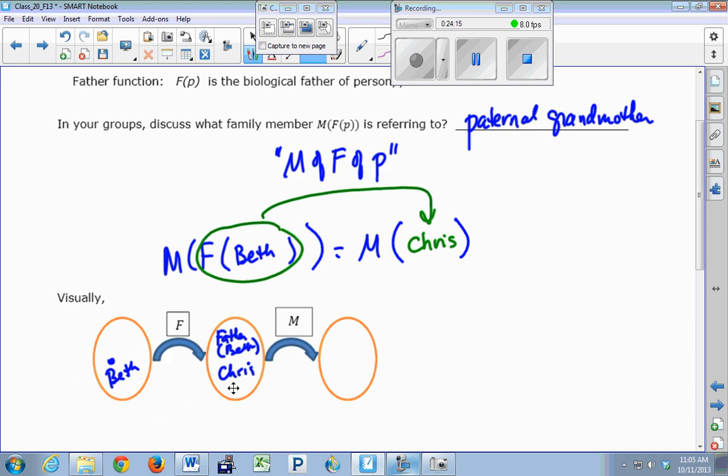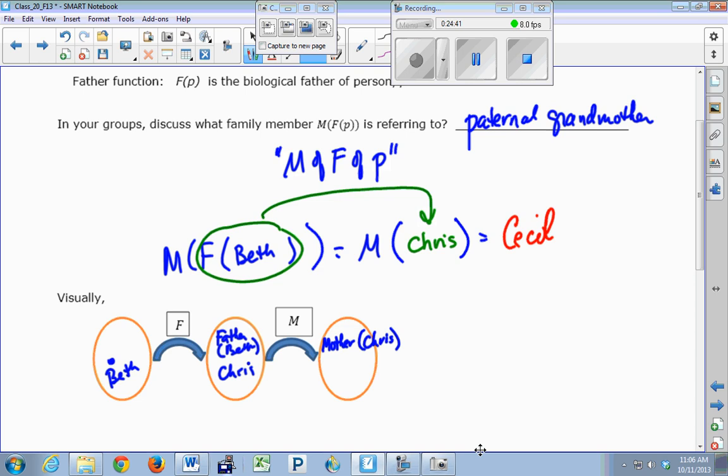Now Chris goes into the mother function, so Chris becomes the input to my function M. So now I'm looking for the mother of Chris. And who's the mother of Chris? Cecile. Okay.